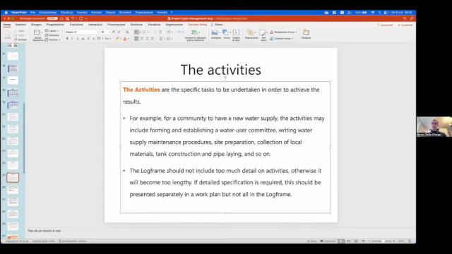So this is a concise way of explaining a series of activities that can be further broken down in the detailed description of the activities.